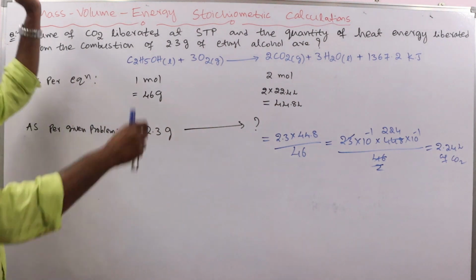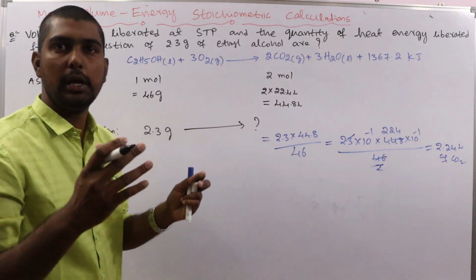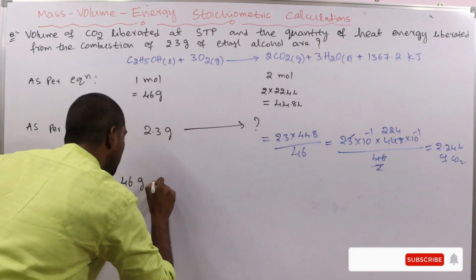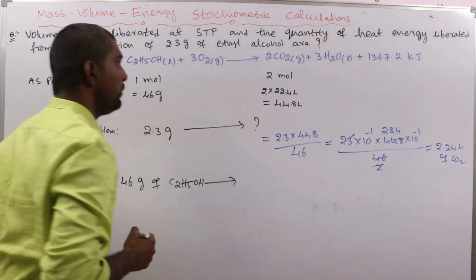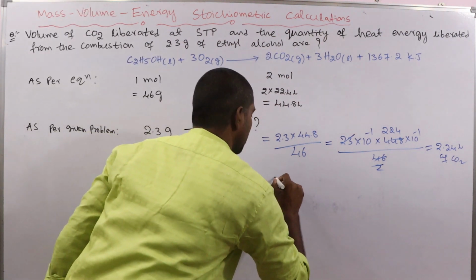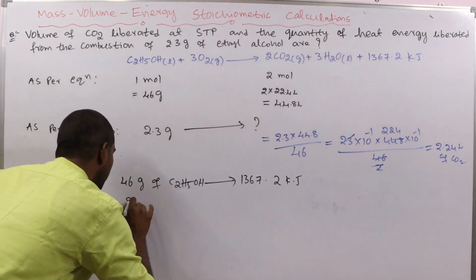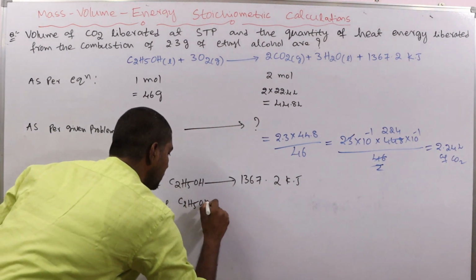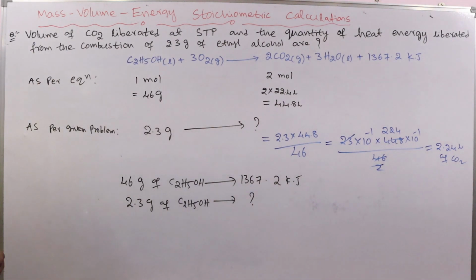Okay, clear? Now one more thing we have to calculate: how much heat is liberated. For 46 gram of ethyl alcohol, 1367.2 kilojoule of heat is liberated. So when 2.3 gram of ethyl alcohol undergoes combustion, how much heat is liberated? This also we have to calculate.